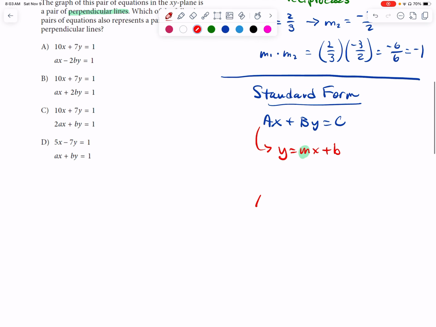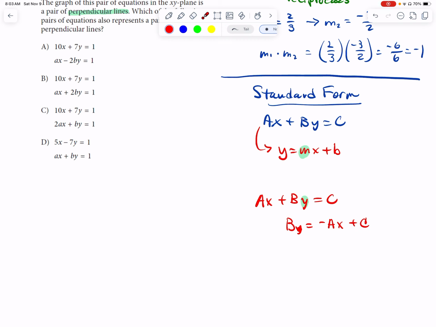Okay, so I'm going to write that ax plus by equals c down again, and I'm going to start chipping away at everything so that I can get y by itself. The first thing I have to do is get rid of this ax, which is being added to the by, so I'll subtract that over to the other side. So I'll have by is equal to negative ax plus c.